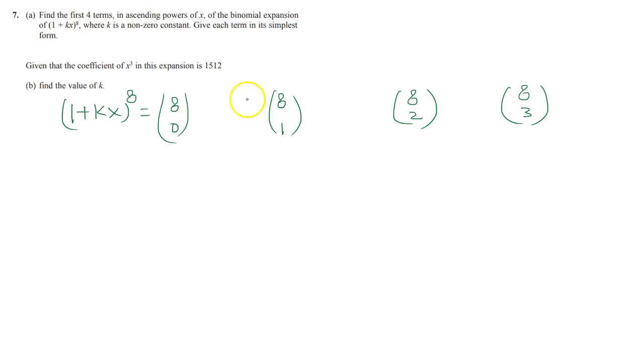We have to find the fourth term. Now we have (kx) power 0, (kx) power 1, (kx) power 2 and (kx) power 3. So this is the first term, second term, third term and the fourth term.